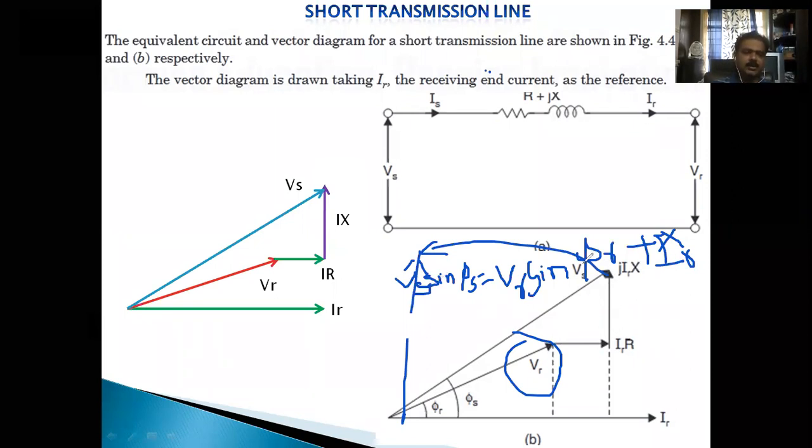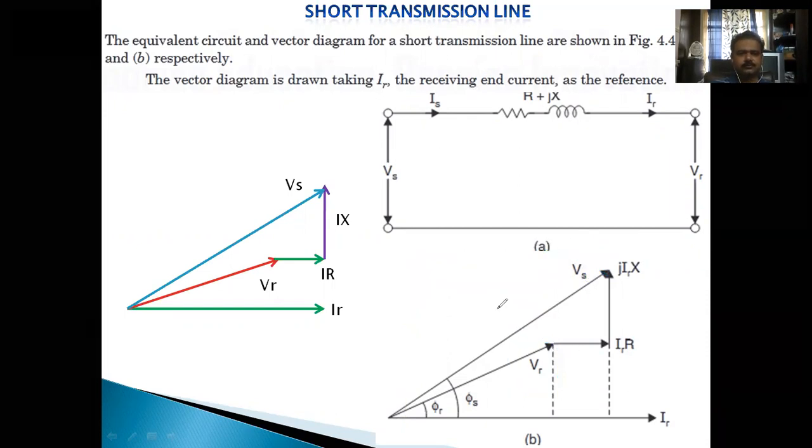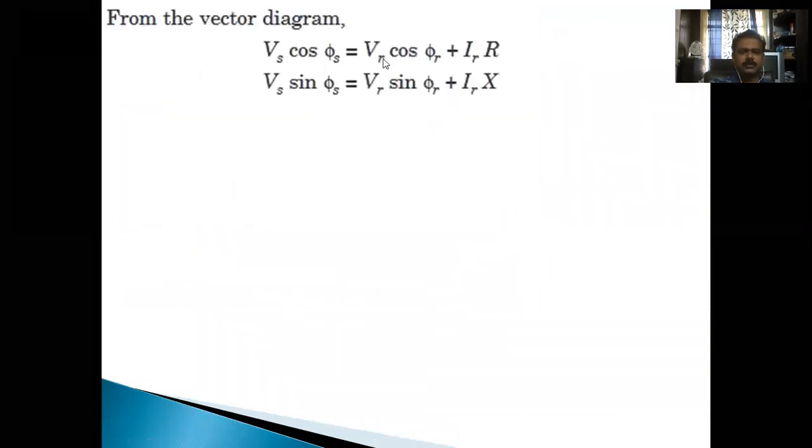You can directly add it to this vertical component. So this directly gives these two equations. Is it clear? Vs cos phi s is equal to Vr cos phi r plus IR into R, and Vs sin phi s is equal to Vr sin phi r plus IR into X.